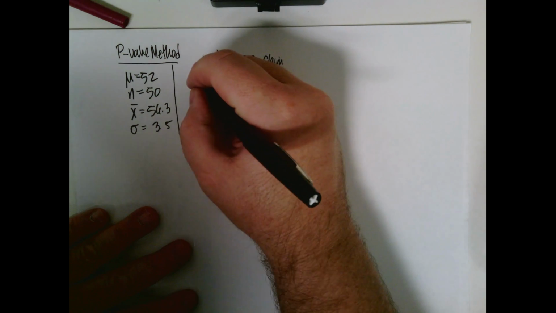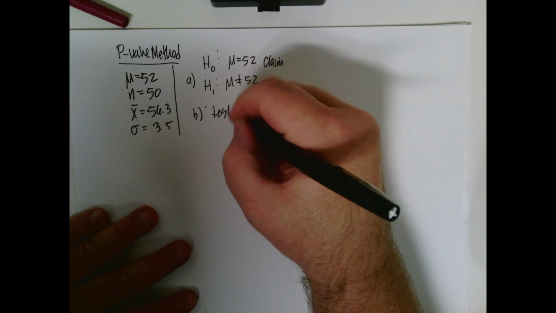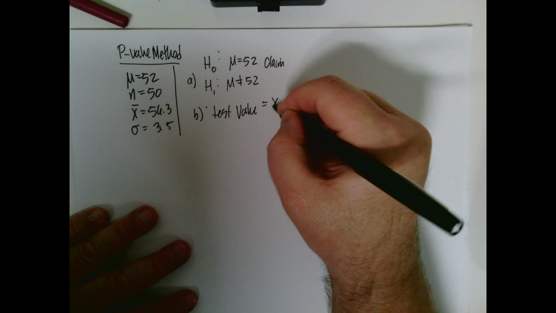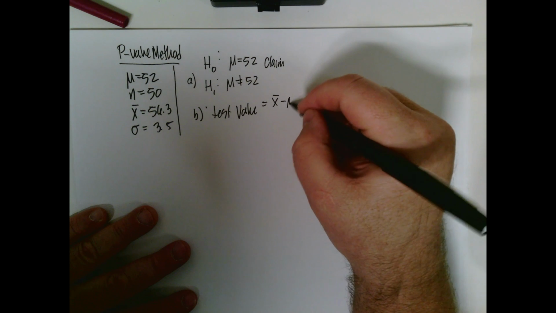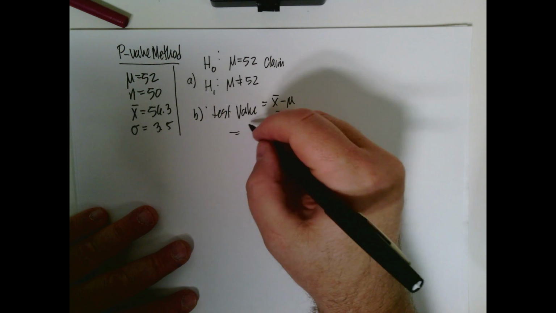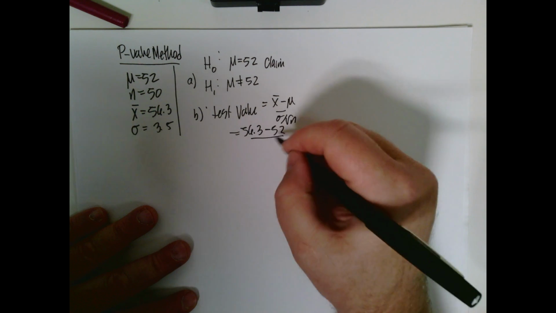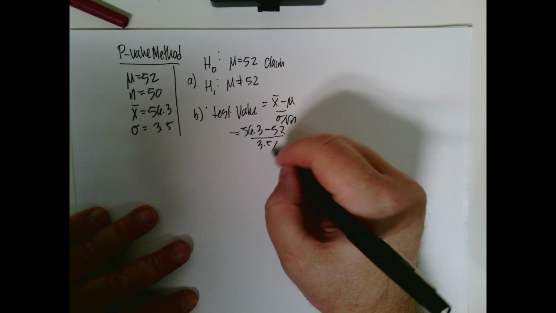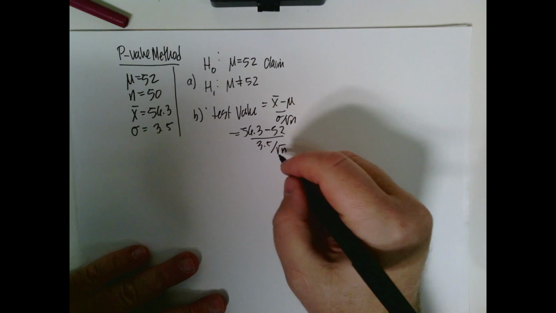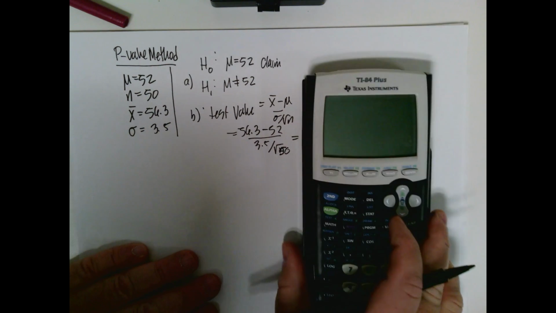the next step is to compute the test value, which is still the same formula, x bar minus mu over sigma over the square root of n. So this would be x bar, 56.3, minus 52, over 3.5 over the square root of n, so square root of 50.